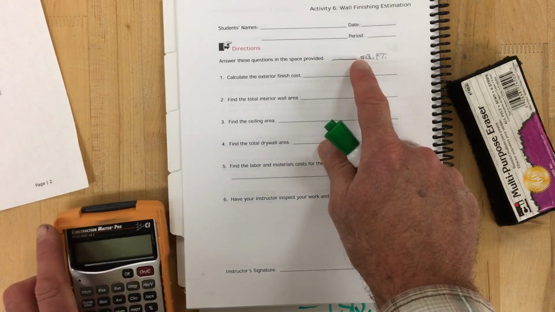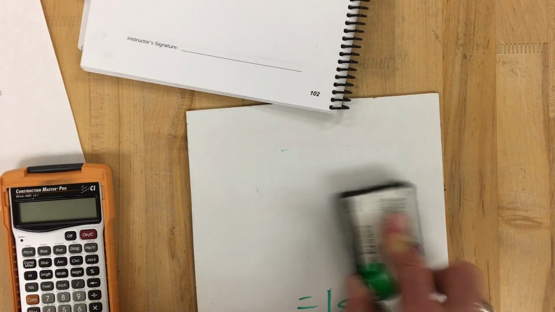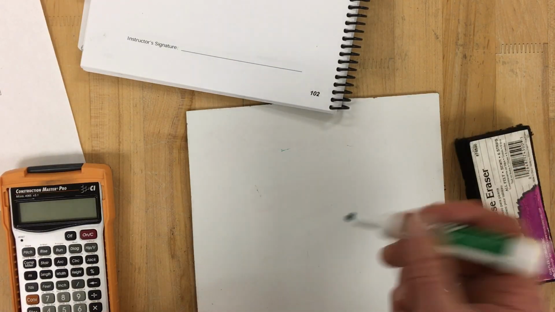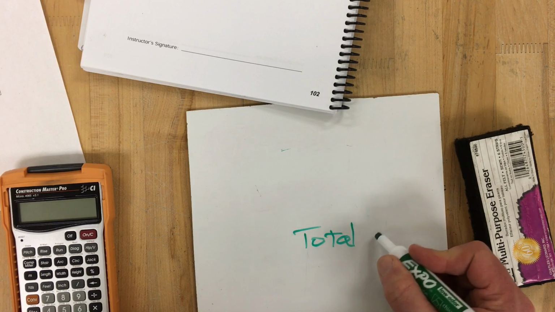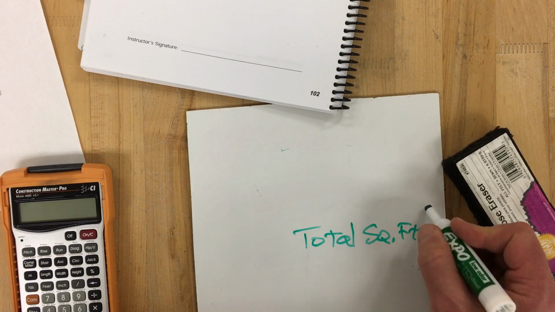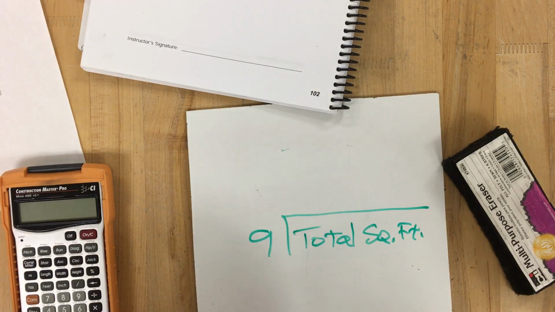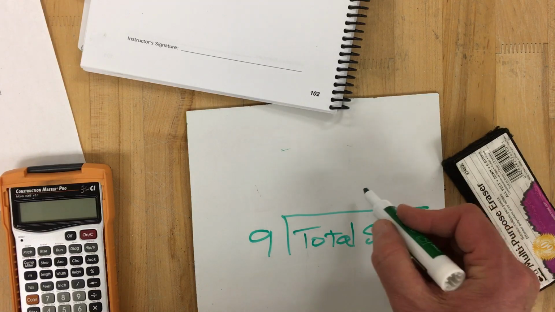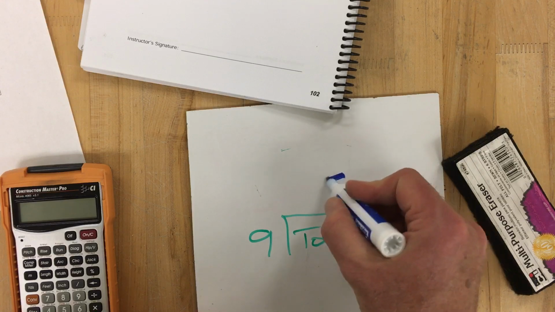Okay. So what we're going to do, we're going to take your total square foot, and I'll show you the formula here. We're going to put the total square foot, and we're going to divide that by 9, because remember we said it was 9 square foot in a yard, and that's going to give us our answer up here in square yards.